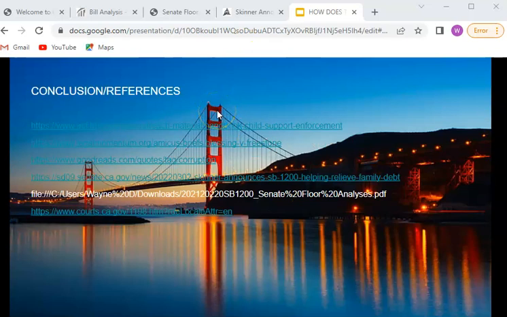So these are conclusions and references. So just basically in conclusion, we want to study to inform ourselves and our families and our loved ones.